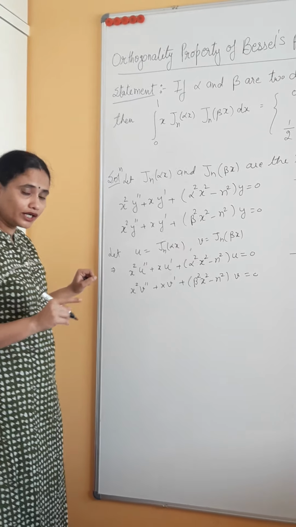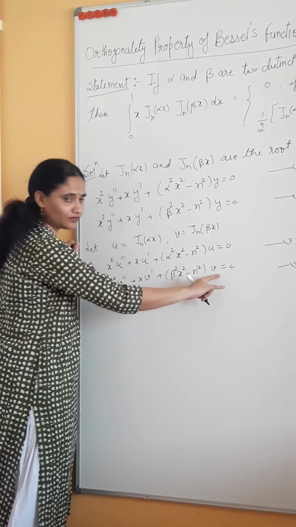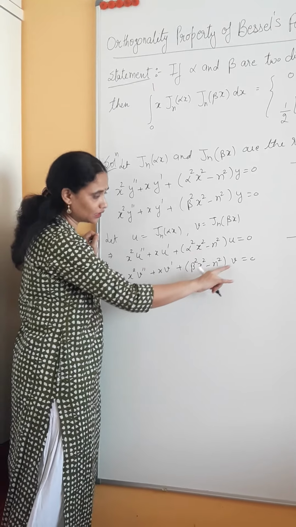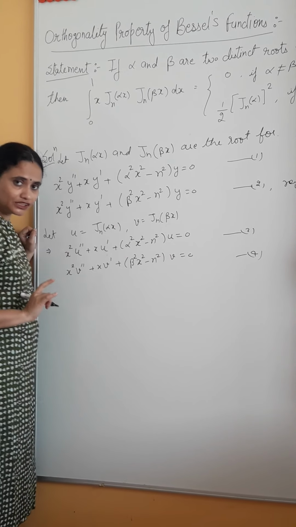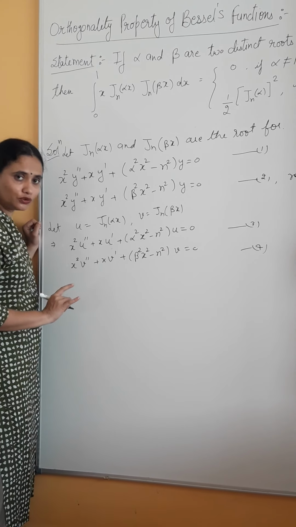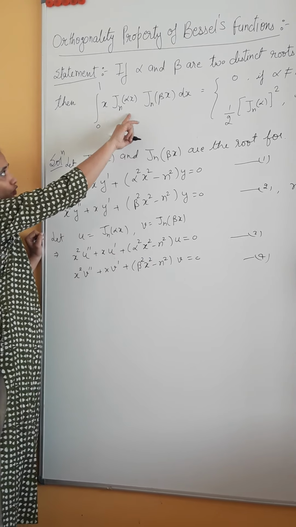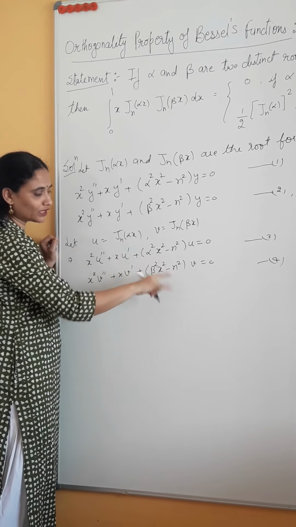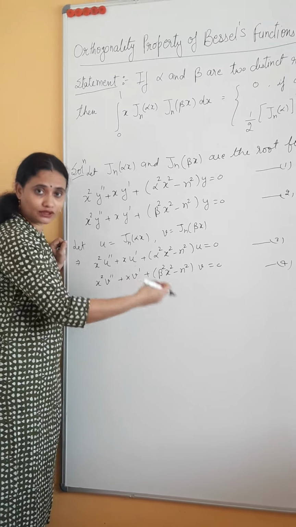How can we find the product of u and v? In the first equation we have only u, and in the third and fourth equations we have only v. So we have to multiply the first equation with v and the second equation with u, then only can we get the product of these two. And we don't want n here. So how can we remove that n? By subtracting. This is a clue how we should think ahead.